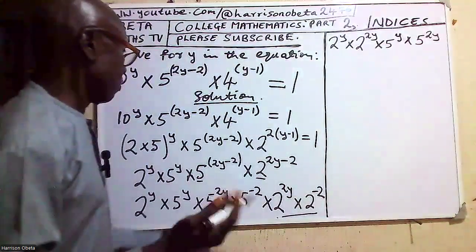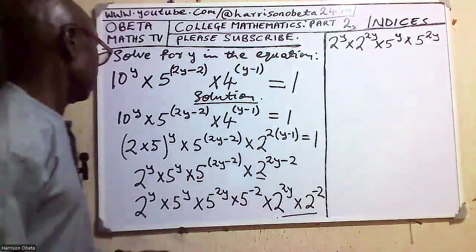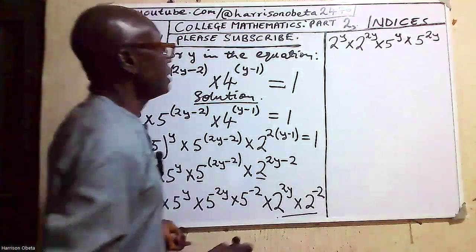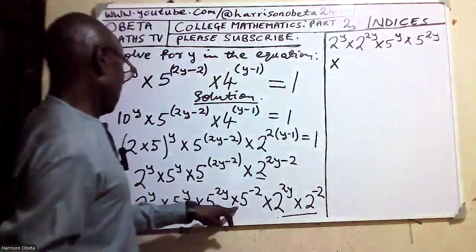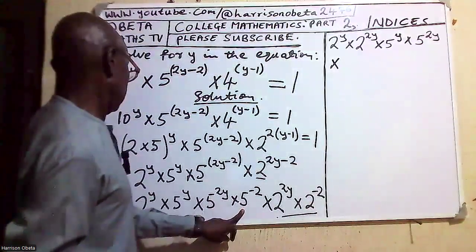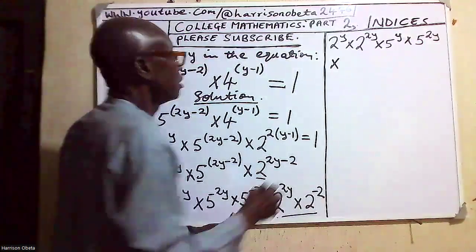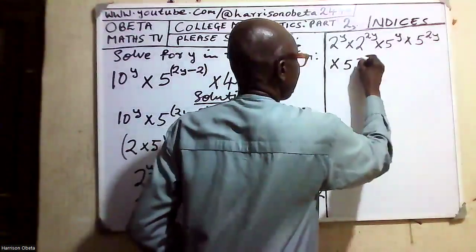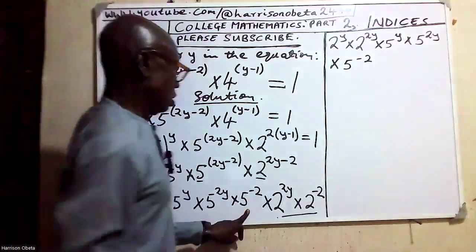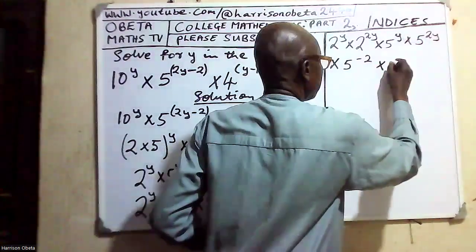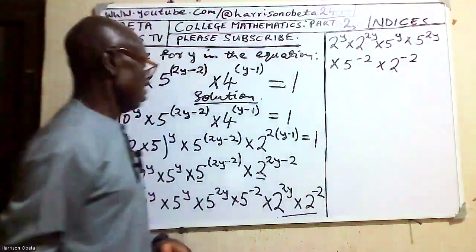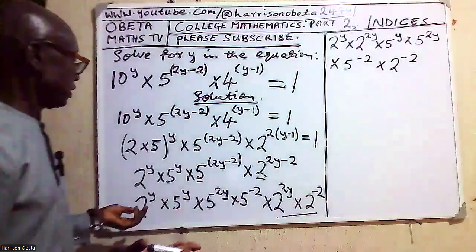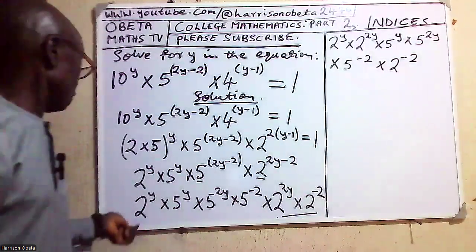Then we move on by collecting ordinary numbers, and that is multiplied by 5 raised power minus 2 multiplied by 2 raised power minus 2. So I think we have brought in everything here.